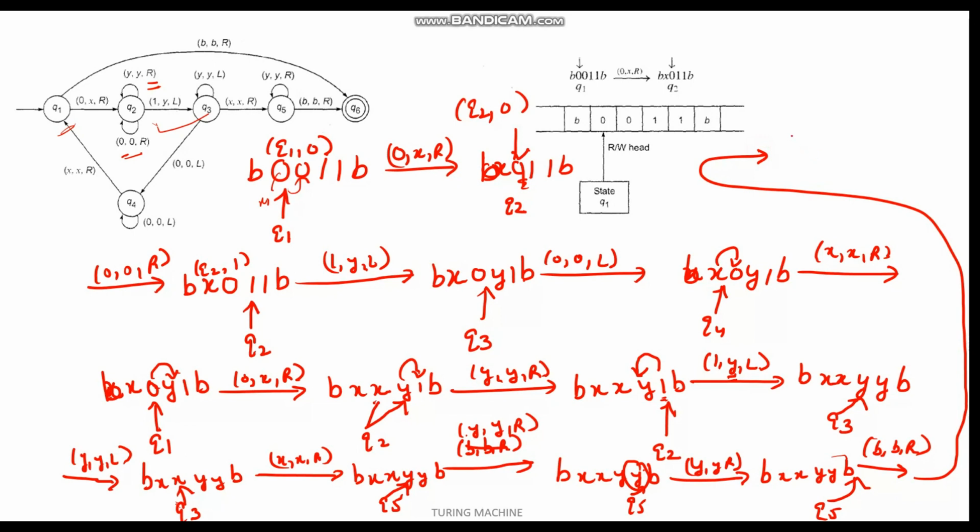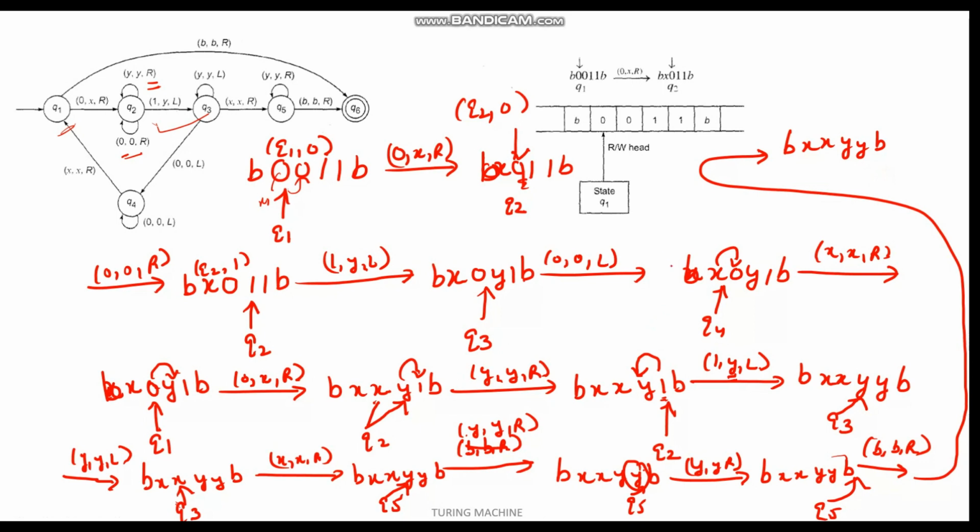So the string will be b x x y y b, because b is to be replaced with b itself, and the head will move towards right, and the state changes to q6. So q6 is pointing towards blank space.